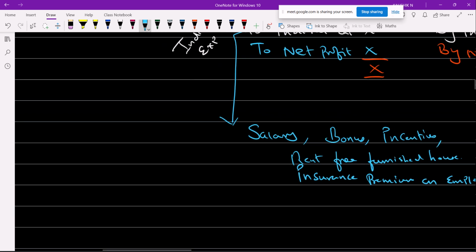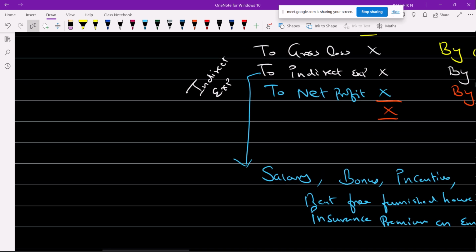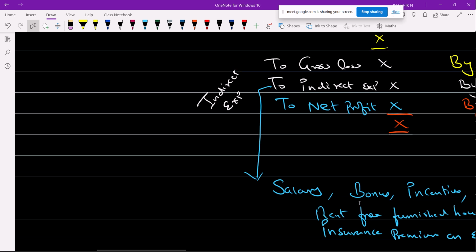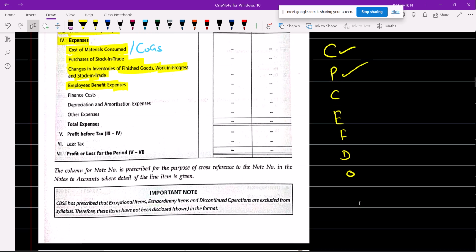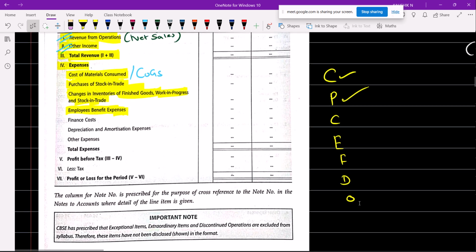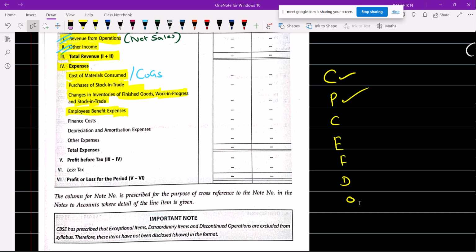So all these are the benefits. For an employee it is a benefit. In what way? My management is taking care of my health. My management is providing me some incentive for the work I render. My management is providing me a rent free furnished house. Which means they are taking care of my belongings and well-being. So in that way it is a benefit to the employee. So we call these expenses employee benefit expenses.